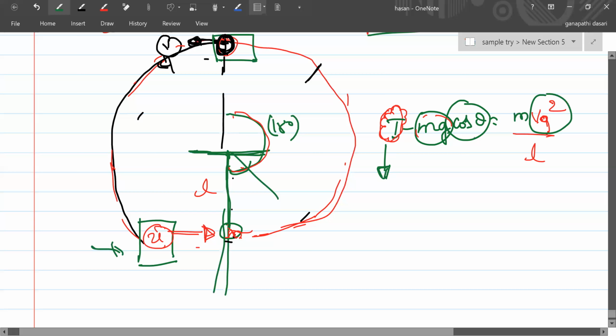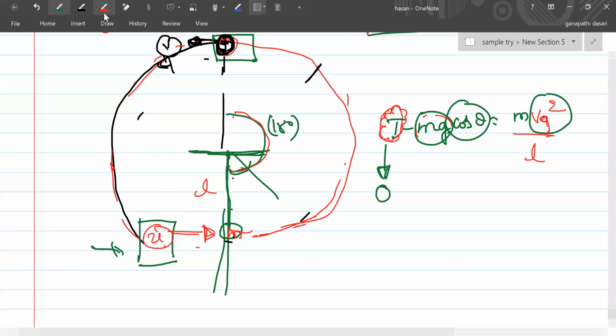The minimum value of tension is 0, right? Because I asked what minimum velocity should be given to this ball so it can complete circular motion. If you give a higher velocity, it is okay; it will anyway move in a circular motion. There is a particular point below which it will fall down and not complete the circle, and above which any velocity is welcome.